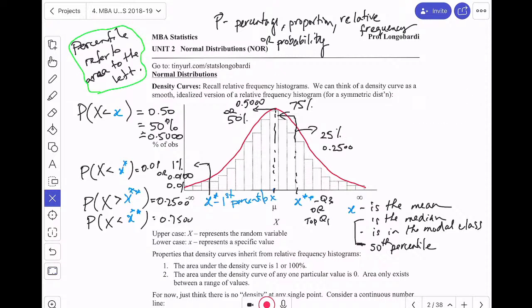And say, what about, now you're going to tell me how much area is in here. How much area, how many observations, in other words, what's the percentage, what's the proportion, what's the relative frequency, and what's the probability of being between X and X double star.